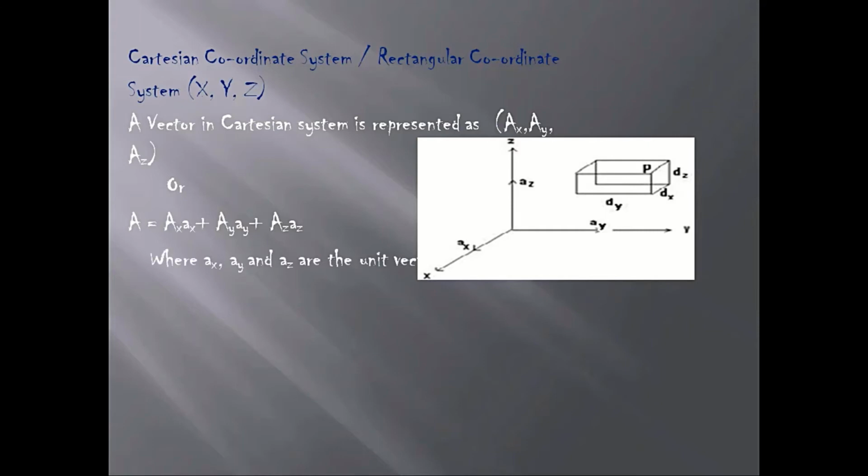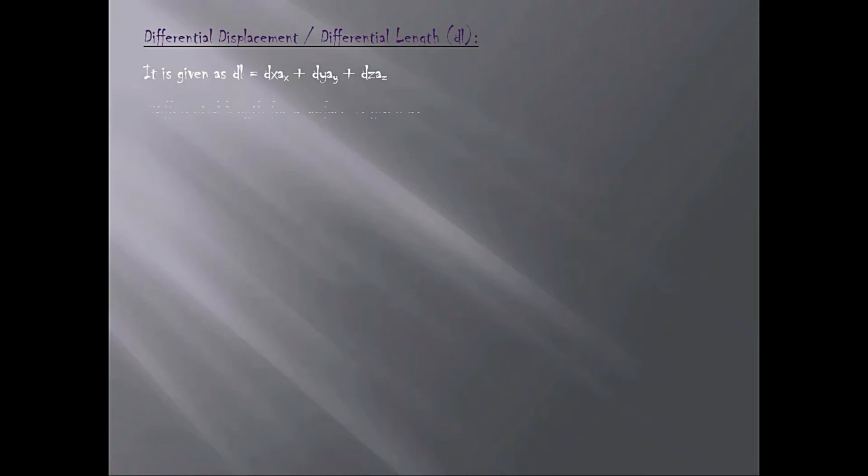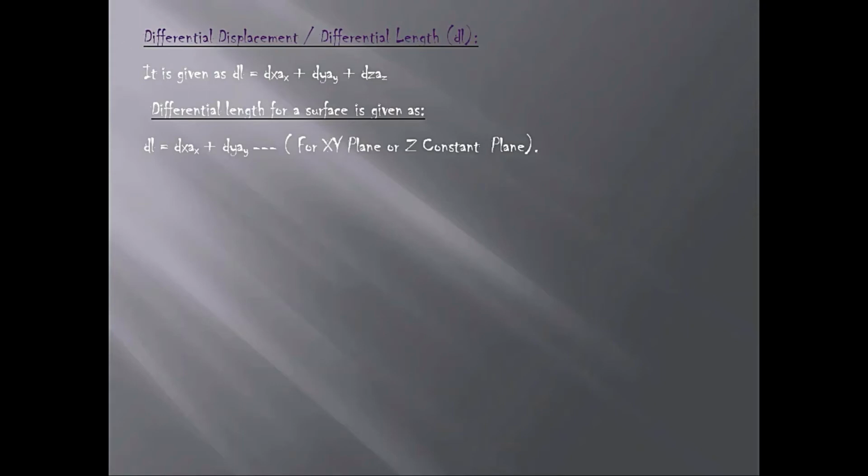Next is the range of variables. As we see in this coordinate system, there are three variables x, y, z. Those values are from minus infinity to infinity. So let's go to the differential displacement in this coordinate system. It's given as dl equals dx ax plus dy ay plus dz az.